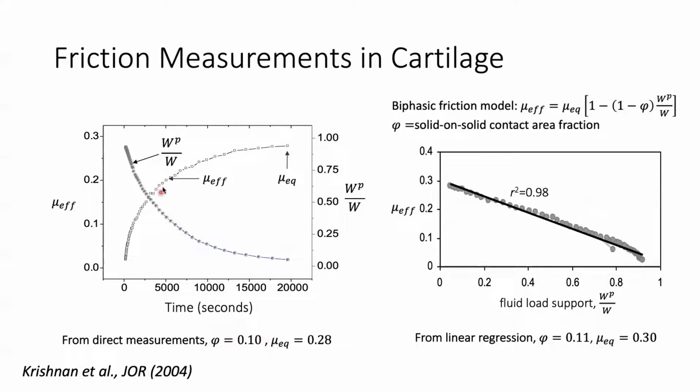And the equilibrium friction coefficient, we just take to be the final value, is pretty much the same as the value B. So this experimentally validated friction model is what we implemented in FEBio. But I want to point out to you that we're using here the fluid load support, which is the average of the fluid pressure over the entire contact area divided by the contact force.